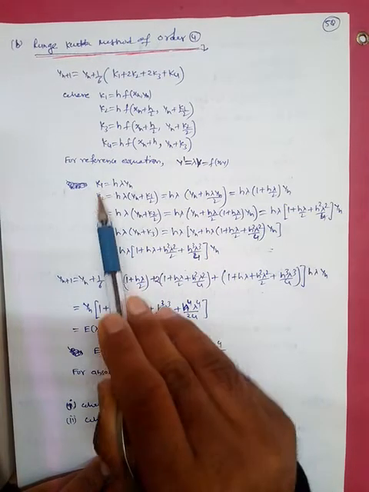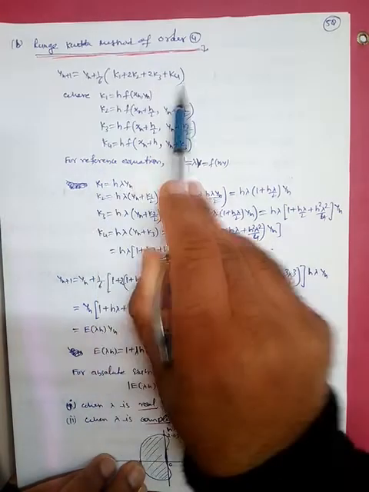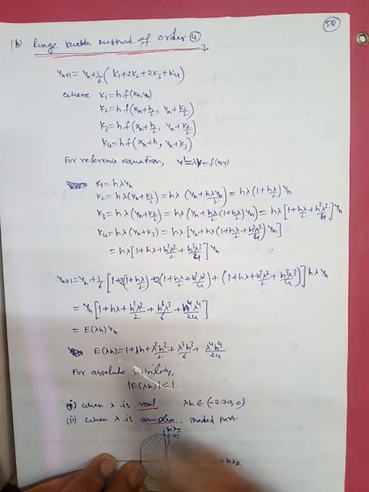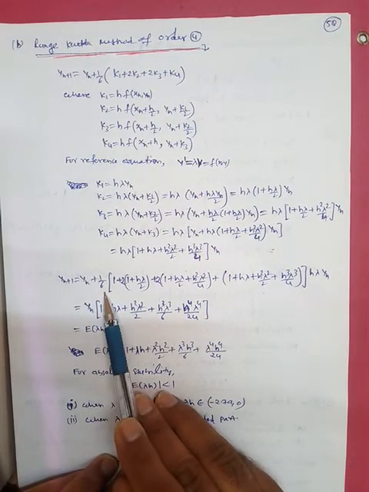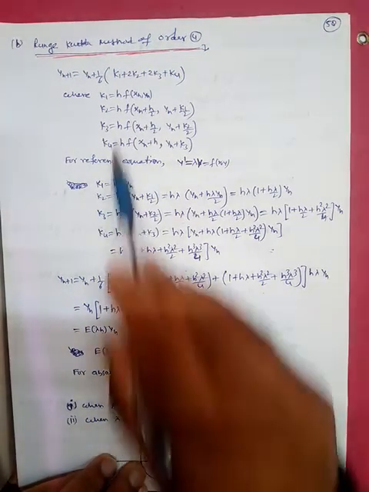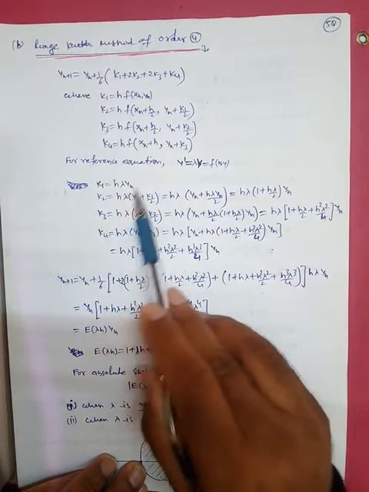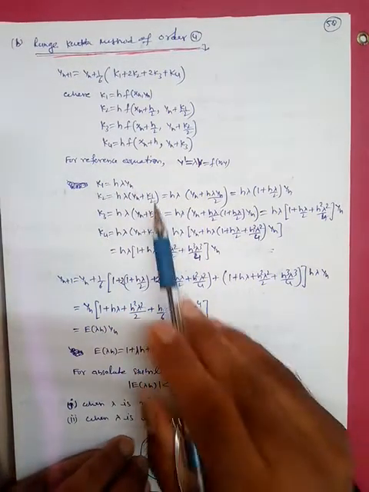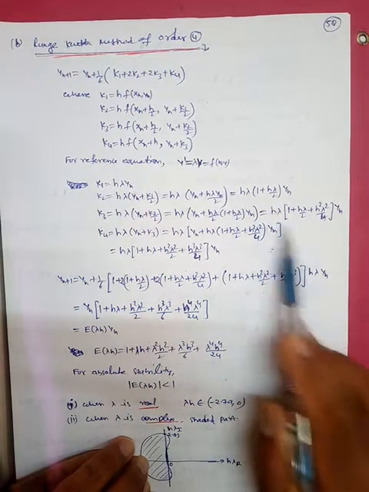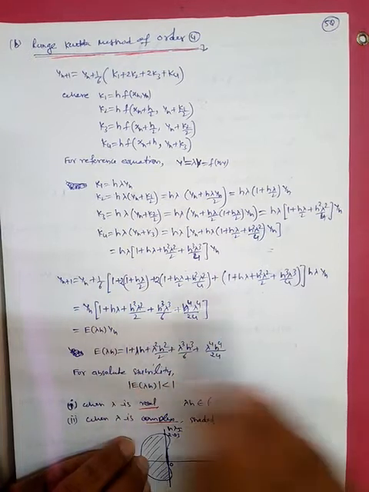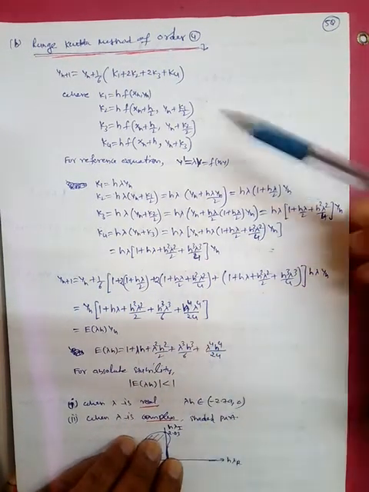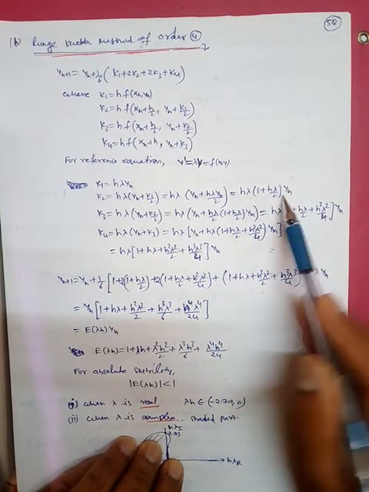Now substitute this k1, k2, k3, k4 here. So what we will get: yn plus 1 is equal to yn plus 1 by 6. This is your k1, k2 is this, k3 is this, and k4 is this. When you simplify this, from each term you can take h lambda yn common.